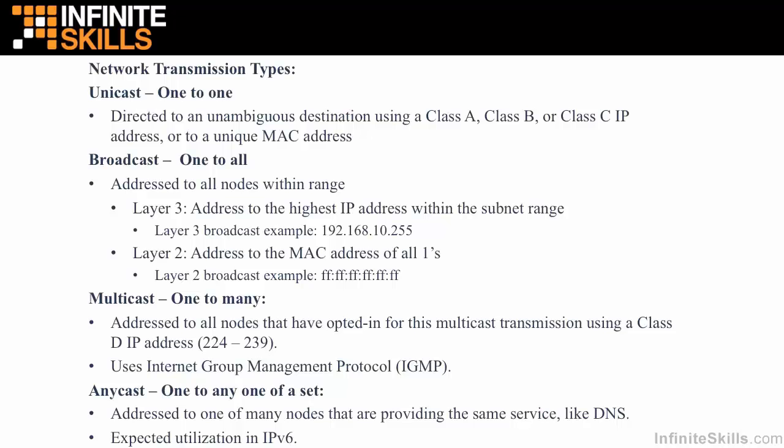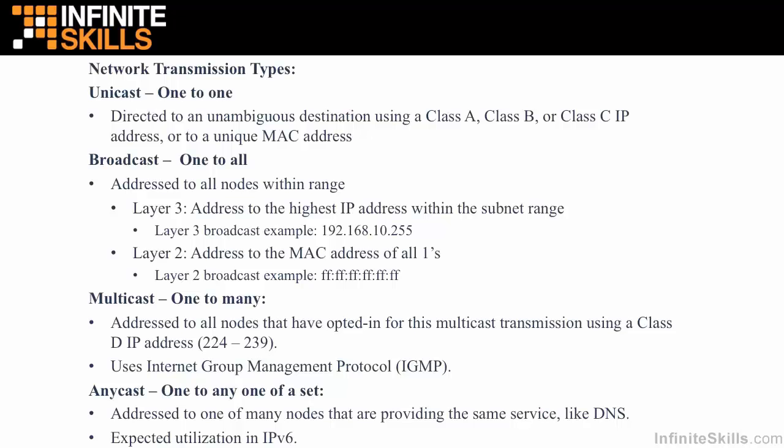I'll have multiple DNS servers available on my corporate network. So what I'll do is I'll provide an Anycast IP address to all of my DNS servers, and when a client, the one, is looking for the DNS service, he sends his request to the Anycast IP address that is bound to each and every one of those DNS servers. Now, the first one of those that responds to this request satisfies the need.